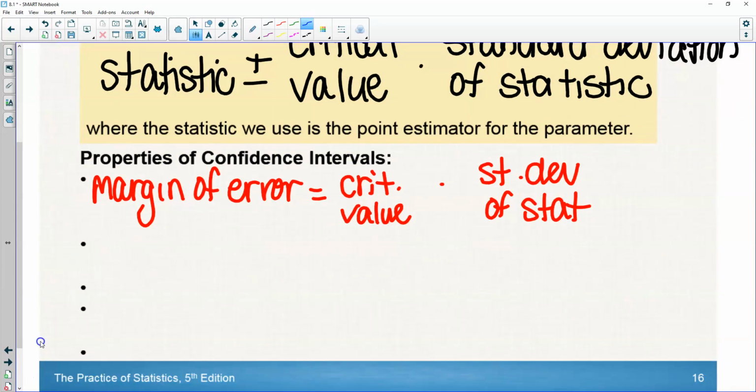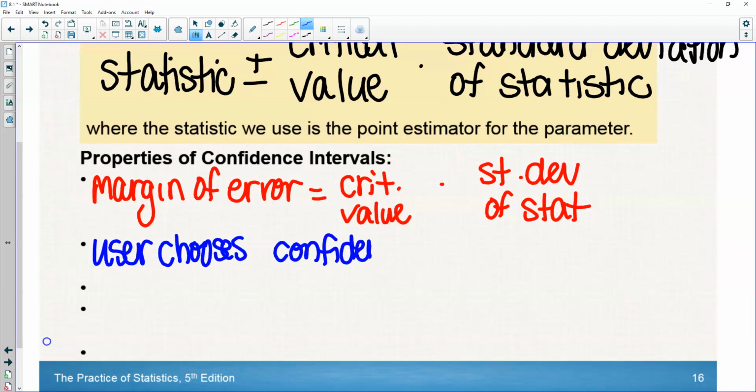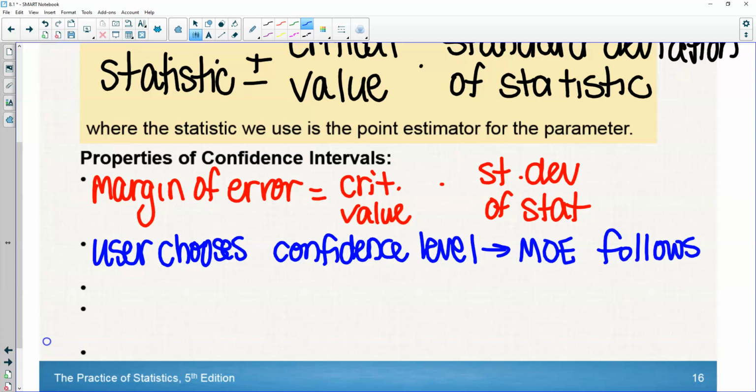A couple other properties. The user chooses the confidence level, and that's obviously going to affect the margin of error, MOE, which follows from this choice. The higher your confidence, the bigger your margin of error. The critical value depends on that confidence level.